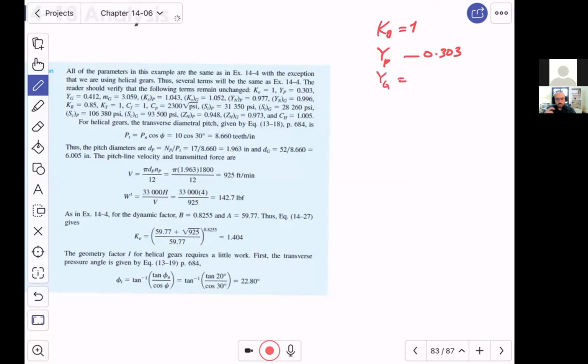Well, I can go and interpolate for 52 teeth and I will find it to be the same, 0.412. All right. Now, what is mg? mg is ng divided by np, which is 52 divided by 17, which is the same as before.